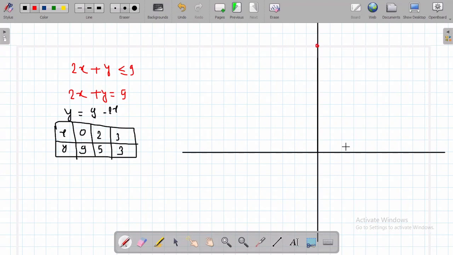Then we have (2, 5): 1, 2, then 5, it will be here. Then (3, 3) will be here.